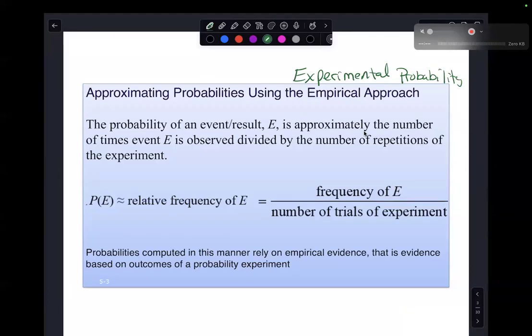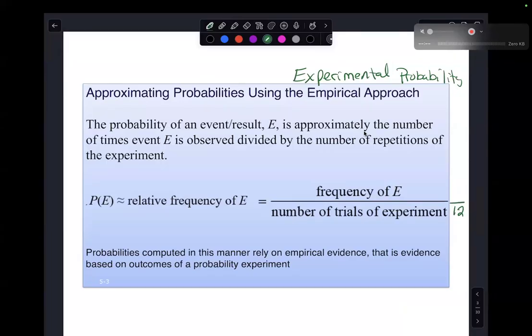What we do with the experimental probability or the empirical approach is you actually perform the trials. You will actually flip the coins. You'll roll the dice. You pull the cards out of a deck. Whatever it is that the experiment is, you are actually going to perform the trials. So in this case, let's say if we were rolling a dice 12 times, the number of trials, how many times you roll the dice, would be your denominator.